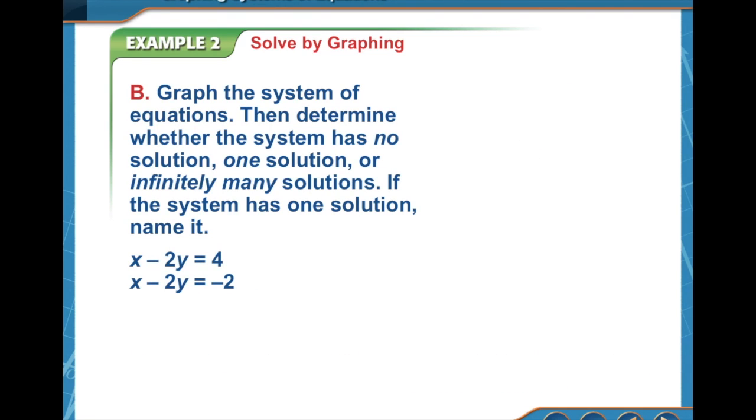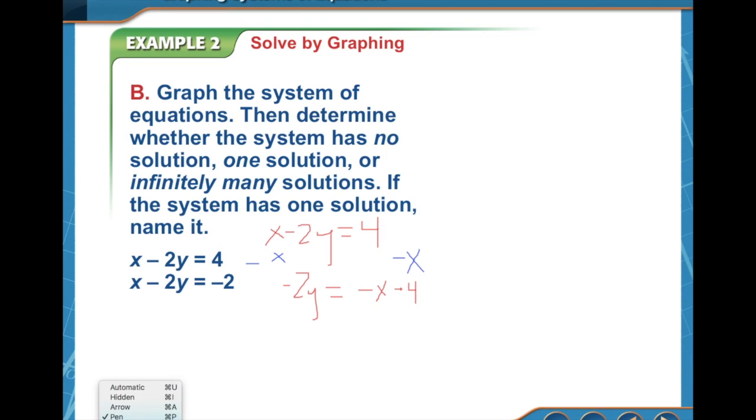Now 2b, by similar logic, we can try to solve this one. So the first thing we're going to have to do is solve each equation for y, and then we can compare them. So if I have x minus 2y equals a positive 4, now I need to get my y by itself. So subtract x from both sides. I know that negative 2y will equal negative x plus 4.